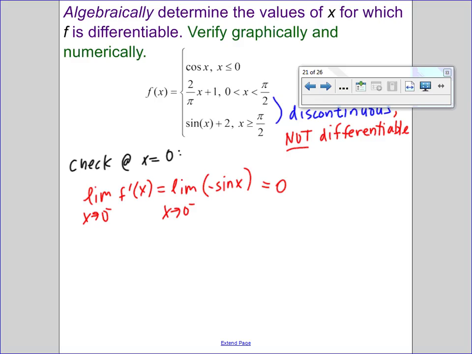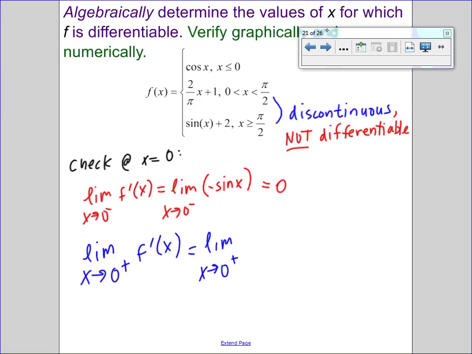Let's check the right-hand slope. The limit as x approaches 0 from the right of f prime of x uses which definition? It uses the middle. What's the derivative of 2 over pi x plus 1? It's 2 over pi, just a constant multiplier, linear function.